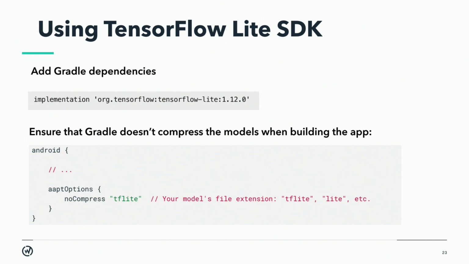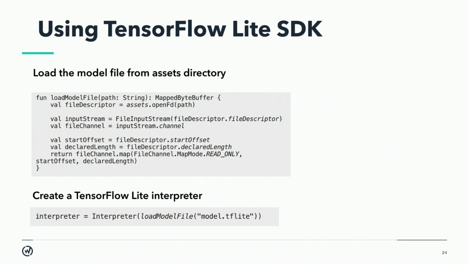So here's a general overview of how the TensorFlow Lite SDK is used. The first step is to add Gradle dependencies. And we also need to make sure that Gradle doesn't compress the models when we're building the app. We do that by adding a noCompress option. Then the next step is to load the TensorFlow Lite model file from the assets directory.